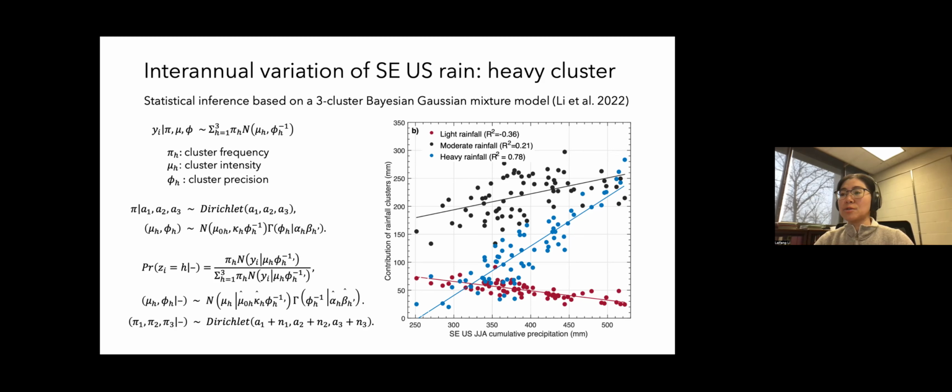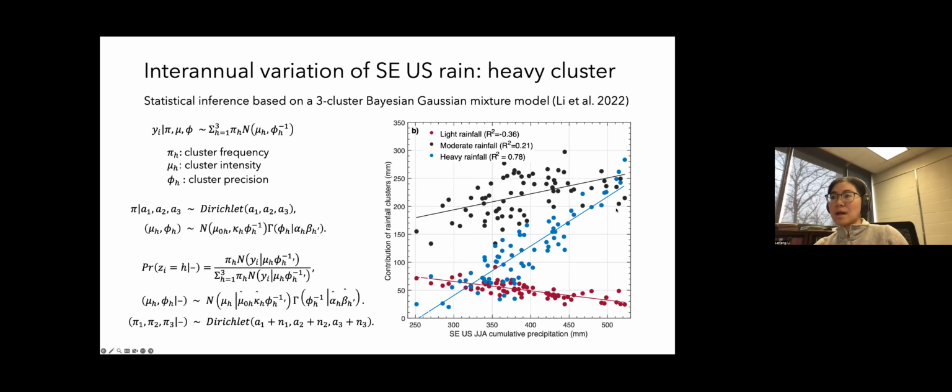And then we are using the localized data to determine which category a daily rainfall event has to be located in. So I'm leaving the equations of the Bayesian stats model over here.